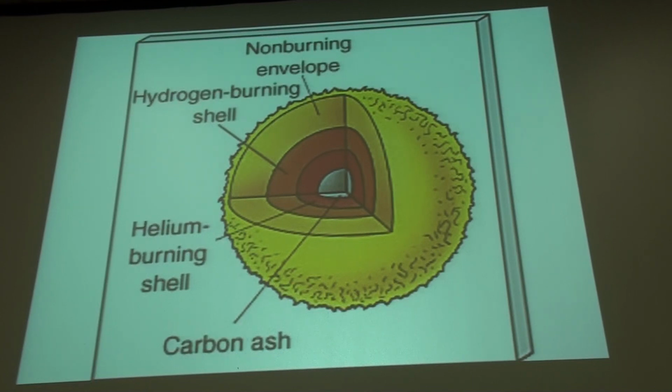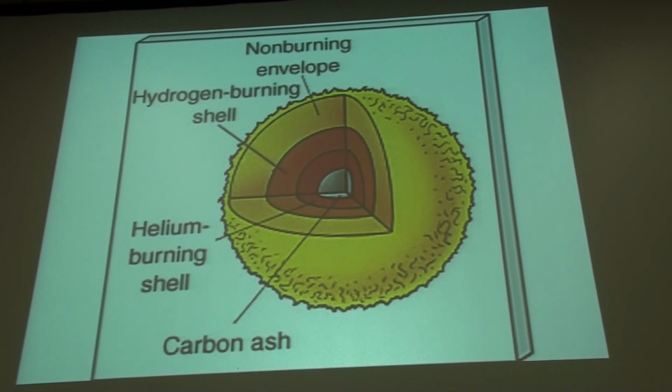And then surrounding that, the temperature is hot enough for hydrogen fusion to be taking place in the hydrogen burning shell, because now we have enough temperature to burn some of the hydrogen that is out farther away from the center, from the core of the star. So we haven't really run out of hydrogen in the whole star. We've just run out of usable hydrogen in the core. But once the red giant stage begins, the temperature in the core goes up by a factor of 10, so now we're at 100 million degrees.